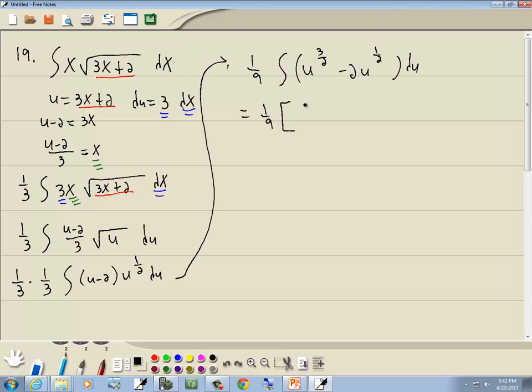Okay, so we'll add 1 to our power. So u to the 3/2 plus 1 over 3/2 plus 1, minus 2 u, add 1 to your power, 1/2 plus 1, divide by the new power, 1/2 plus 1, plus c. Which gives us 1/9. 3/2 plus 1 gives us 5/2.